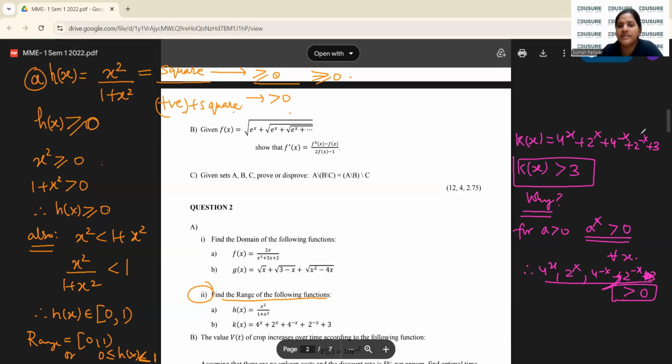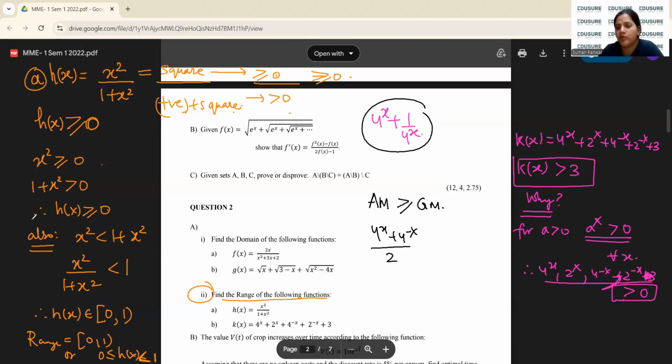And in fact, let us look at 4^x + 1/4^x. If we know this result, that the arithmetic mean of two numbers is always greater than or equal to their geometric mean, then if we look at 4^x and 4^(-x), their arithmetic mean is always greater than or equal to their geometric mean, which is the root of AB.